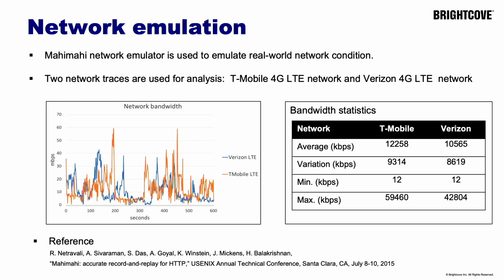The maximum bandwidth is about 40 megabits per second to 60 megabits per second. But the lowest bandwidth for both networks drops to almost 0, 12 kbps. So it shows how dynamic and harsh these network conditions are.